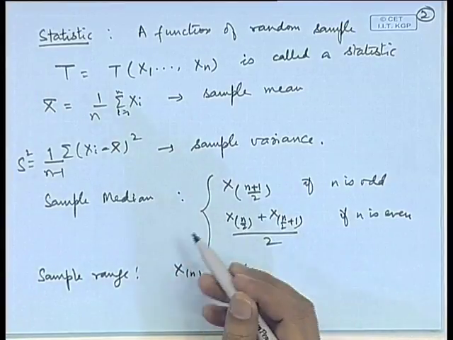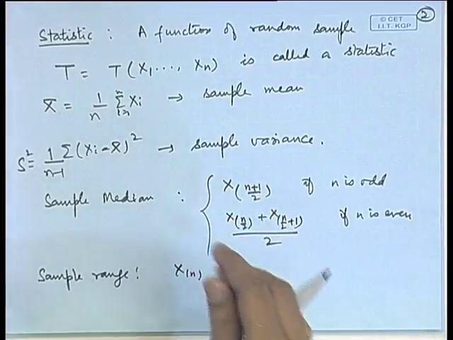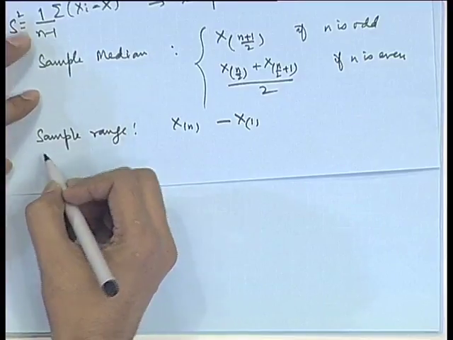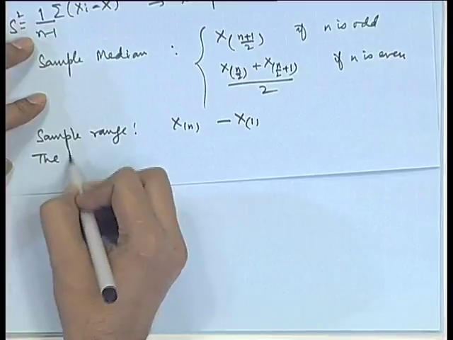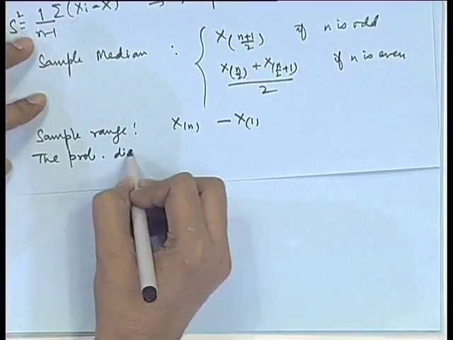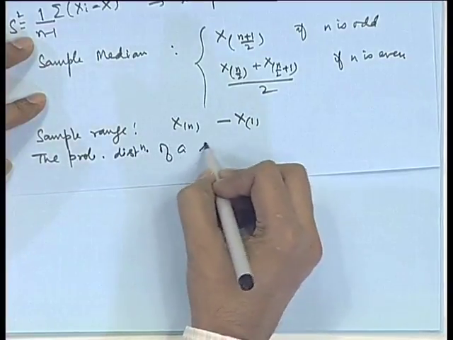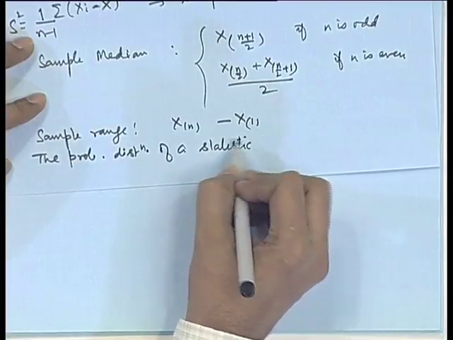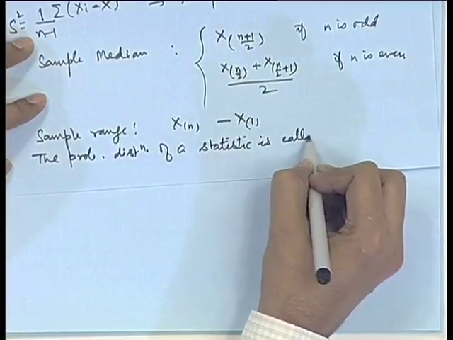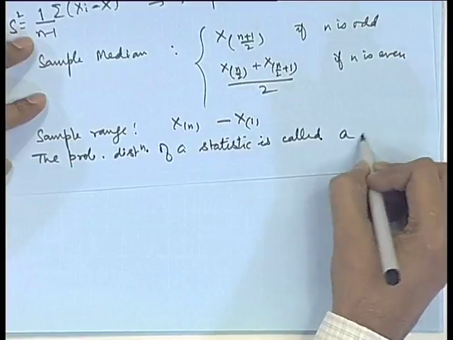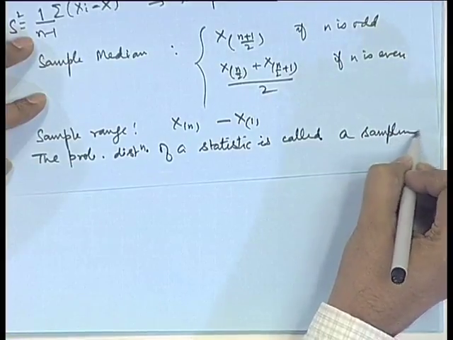These are examples of statistics, and when we are dealing with a sample, we are interested in these characteristics, and therefore we will be interested in their distributions. The distributions of these statistics are known as sampling distributions. Formally, the probability distribution of a statistic is called a sampling distribution.